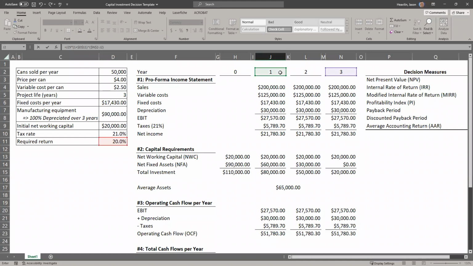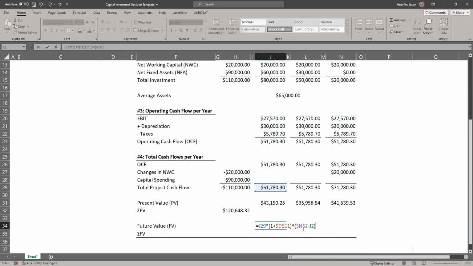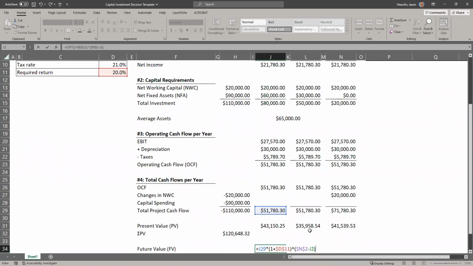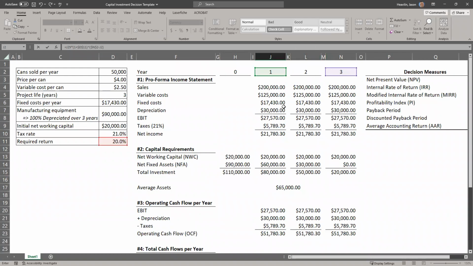Now, this is the main reason why I do this, year minus the year I'm in, which I did in present value. While in present value, it didn't make much of a difference because we're always subtracted by 0. A common mistake in situations like this is that they see, oh, I'm going to year 3, so I'm going to raise it to the 3rd power. That would be incorrect because you are in year 1.